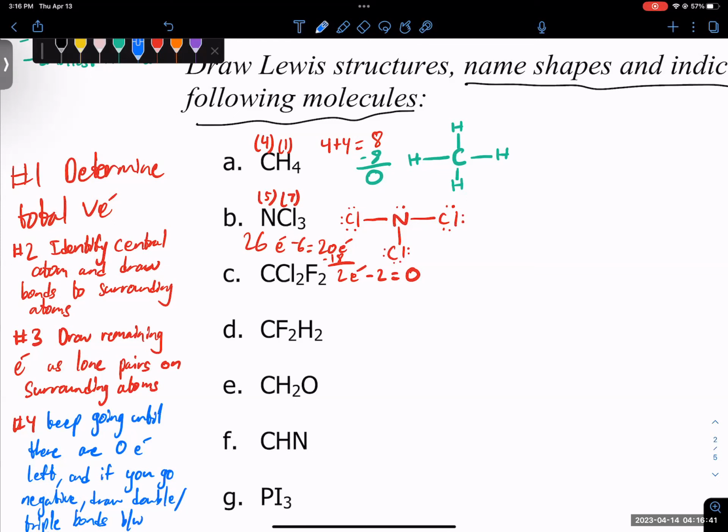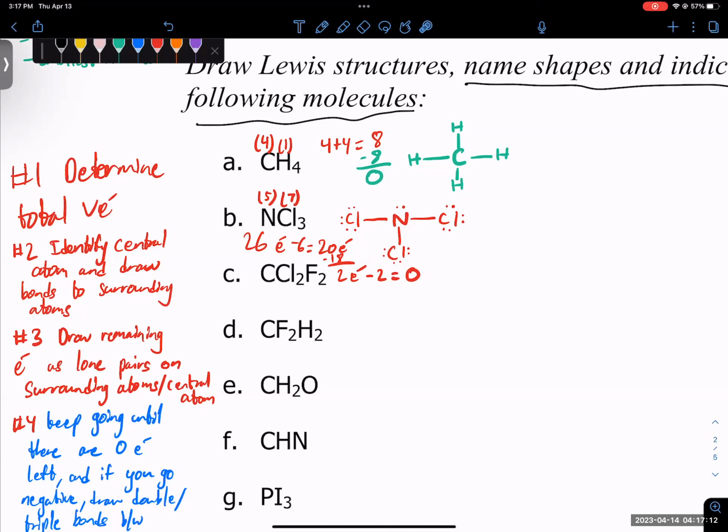So we drew out those 20 electrons as lone pairs on surrounding atoms, or I should also add central atoms. So in this case, we have 6 electrons here for our chlorines. We drew 3 lone pairs on each chlorine, which is 6 electrons each.